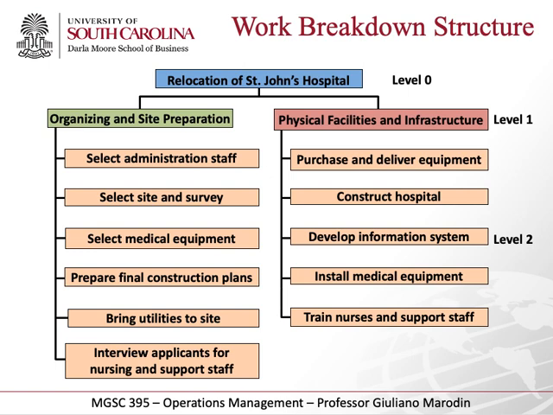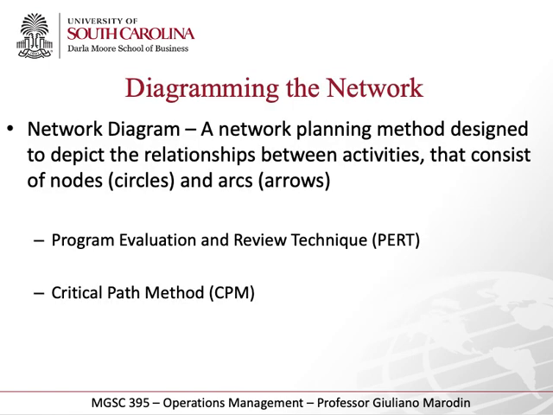So these are steps and activities that need to be done. And in the physical facility, we also have purchase equipment, build the hospital, and so forth. So I understand what my big goal is, and then I break down the steps.